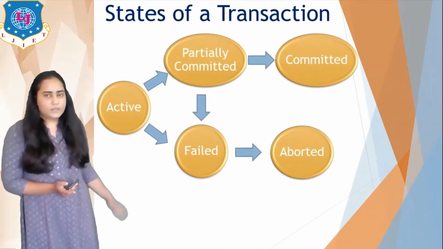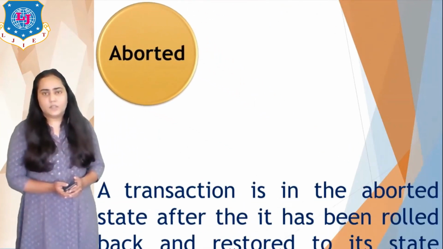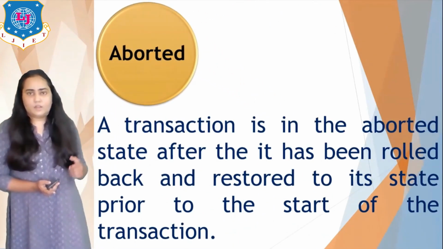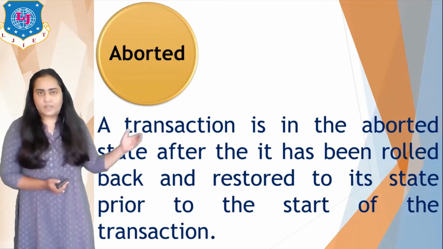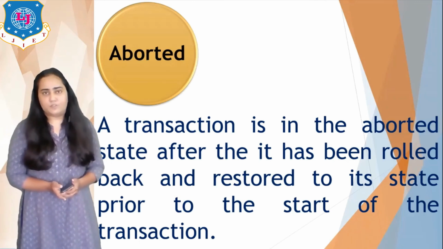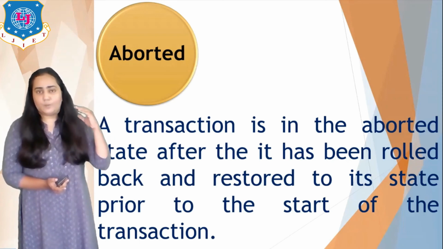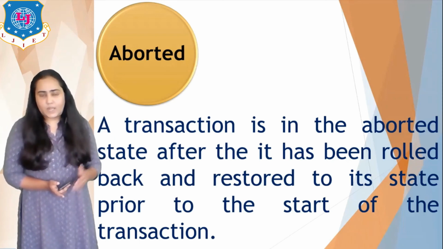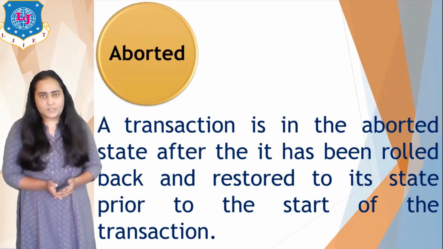And finally, the aborted state. The aborted state is when a transaction has failed, and then you have no choice but to roll it back. Now, what is a rollback? Rollback is where you take your transaction back to an initial or beginning state, and then you try to execute it again, or you just leave it as it is.